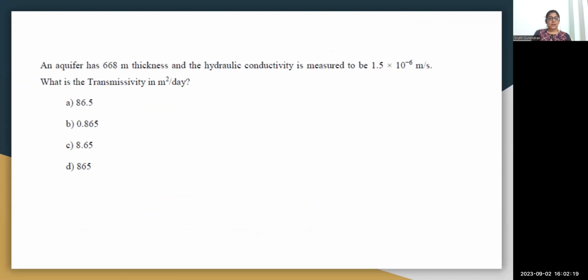Again, a numerical. Here an aquifer thickness is given, hydraulic conductivity is given, and you're asked to find the transmissivity.